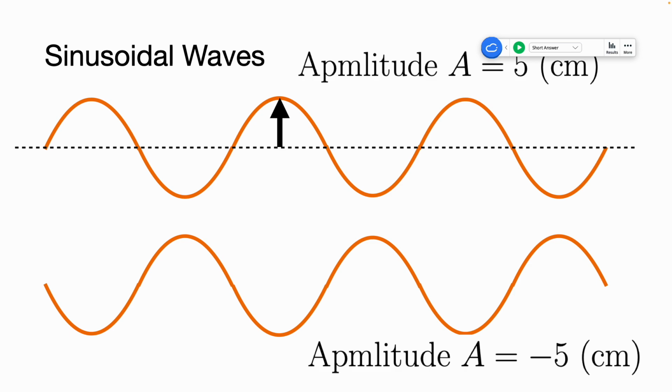You will think it is weird to have a negative amplitude, but you can do it. If you have a formula for a wave and you plug in a negative number for the amplitude, it shouldn't give you any error. It's just the same thing but in the opposite direction. So if I have a wave with amplitude 5 centimeters that looks like this, then I can plug in a negative number for the amplitude and it just goes opposite.